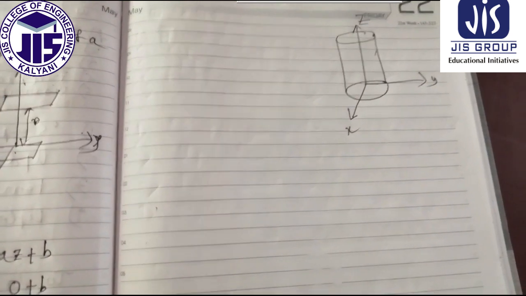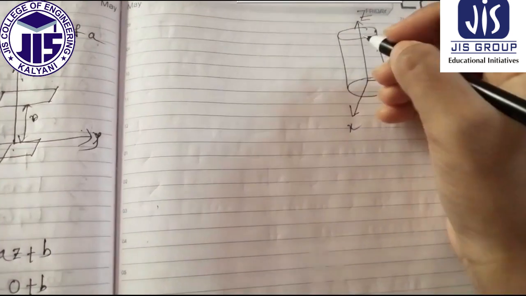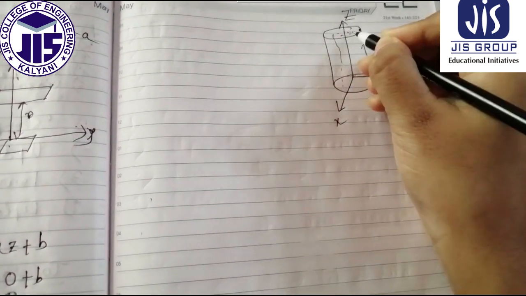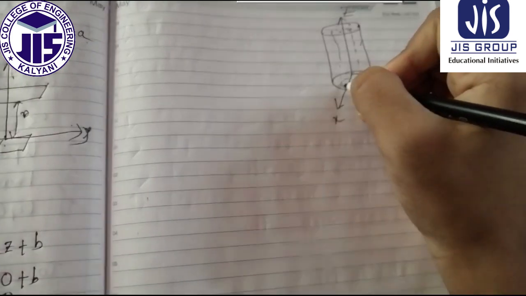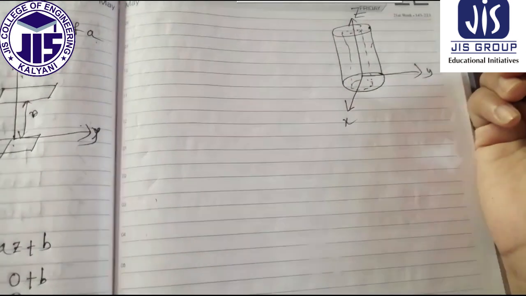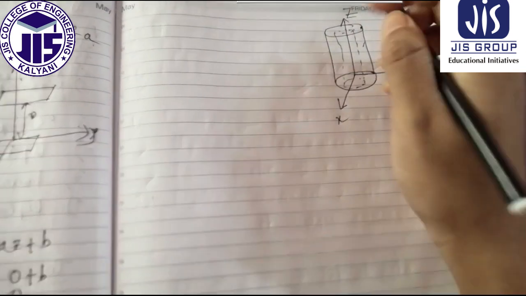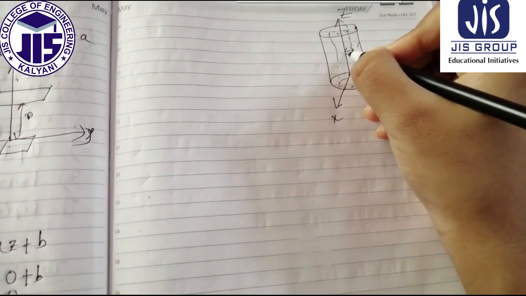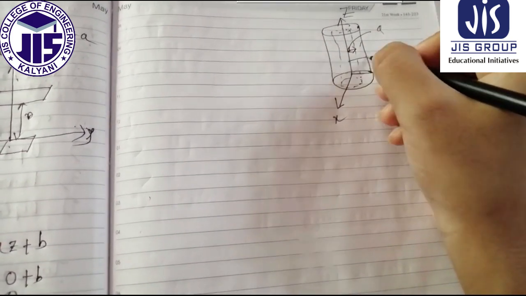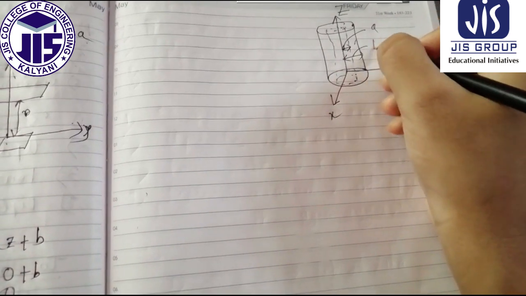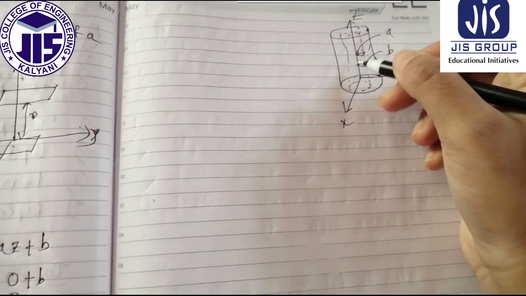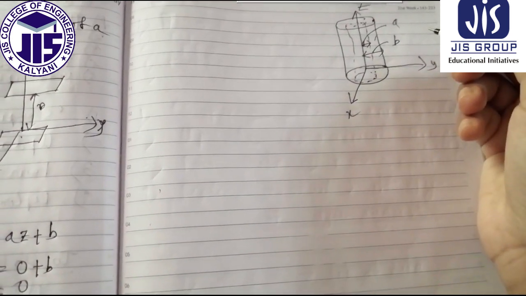Now if we consider here internally another cylinder, this is your a, this is your b. Inner radius and outer radius.